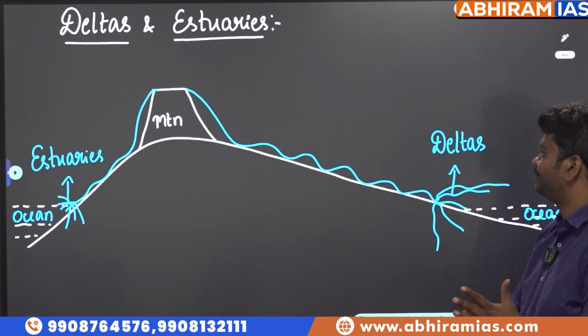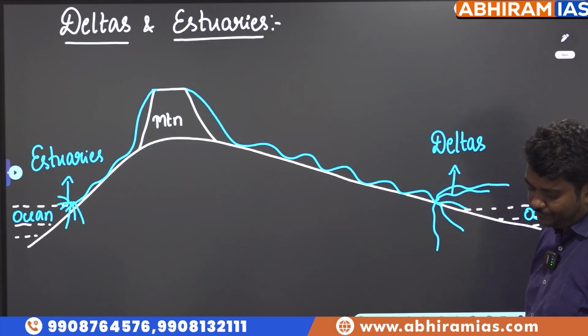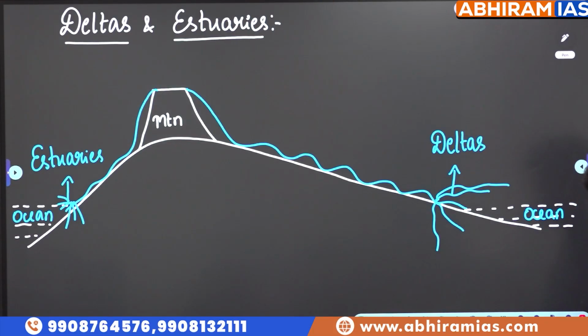Next paragraph. Whenever the deposits spread in a large area, then it is delta.